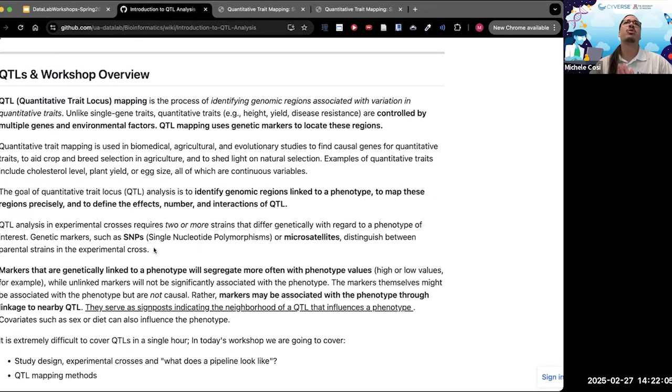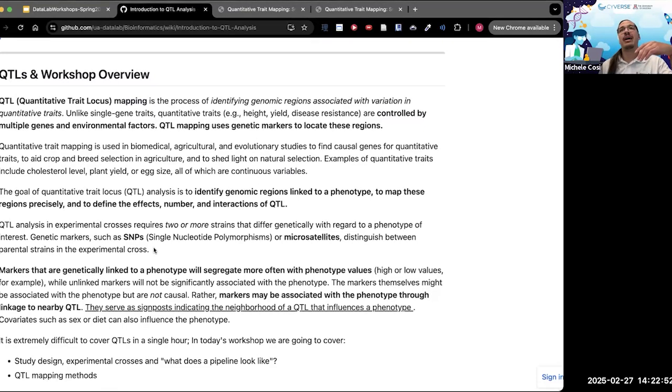For the ones that do not know what QTLs are, QTLs stand for Quantitative Trait Loci, and these are traits that control phenotypes that are a little bit more complex, such as height, yield, disease resistance, amongst others.